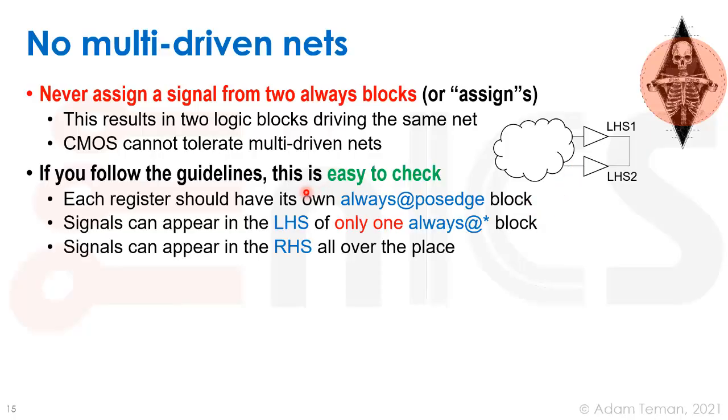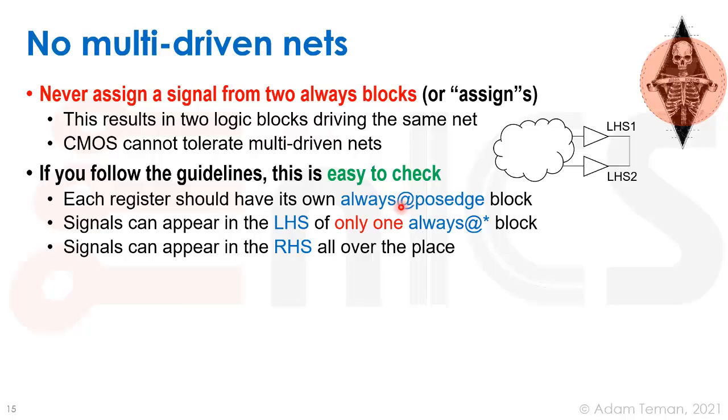If you follow the guidelines, which are separating the combinatorial and the sequential blocks, which I previously called the Avada Kedavra rule, it's easy to check this. Each register should have its own always at pos edge block. You can combine several registers into an always at pos edge block, but even better practice is to give each register its own always at pos edge block, and then you don't have this problem.